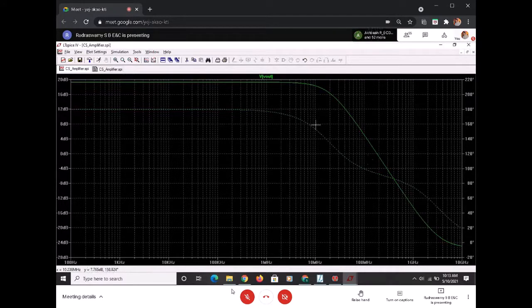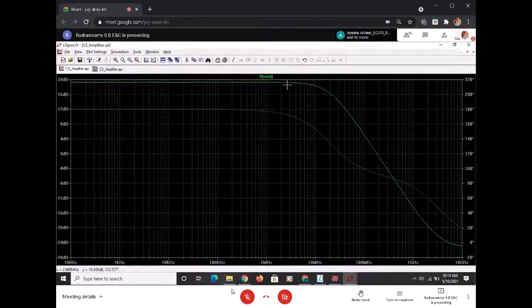And then again, you can get your gain. You have to come 3 dB below. You can see where is your operating frequency and the corresponding gain in dB, and finally you can convert that gain into the normal gain. You can even check the gain aspect in your AC analysis also.